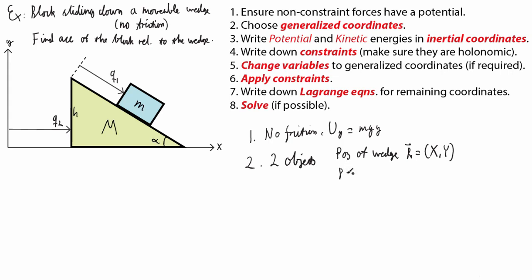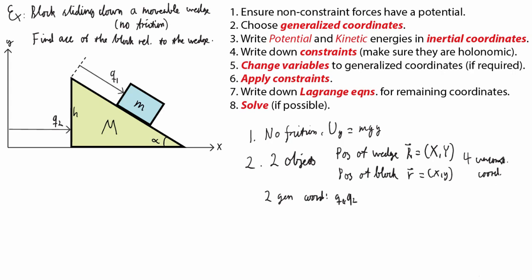And we have the position of the block, that's x and y. So we have basically 4 unconstrained coordinates. At the same time, we have 2 generalized coordinates, Q1 and Q2.